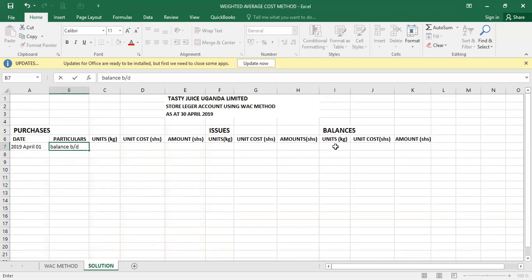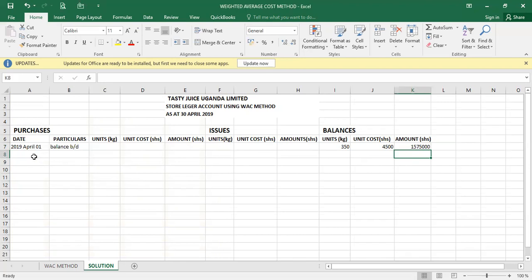So we put it in our balances. The balance, we said it was 350 valued at 4,500. Then our total cost will be this multiplied by the unit cost, and that will be our cost.